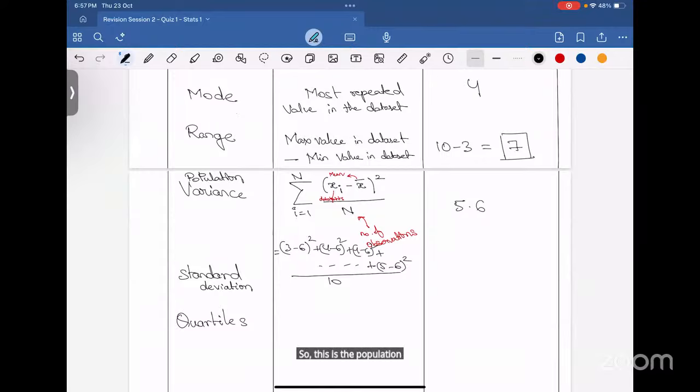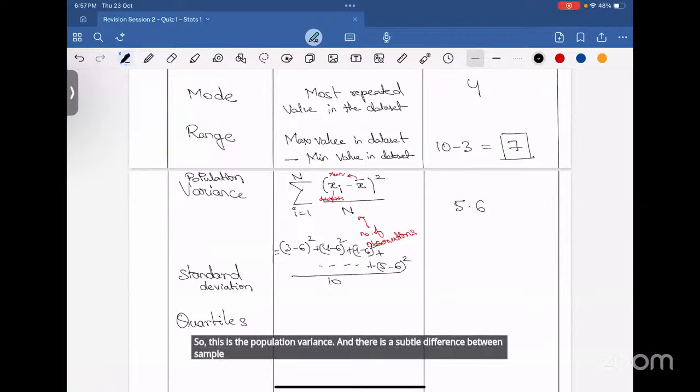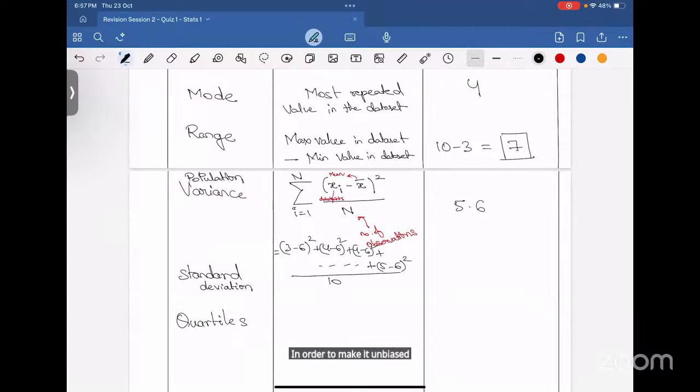And there is a subtle difference between sample variance and population variance in order to make it an unbiased estimator. So this comes in stats 2, okay? So don't worry why I have to divide it by n minus 1, why not n. We will debate this in the stats 2 course. There is a proper justification, a mathematical proof, why when you compute sample variance, you have to divide it by n minus 1, not n.